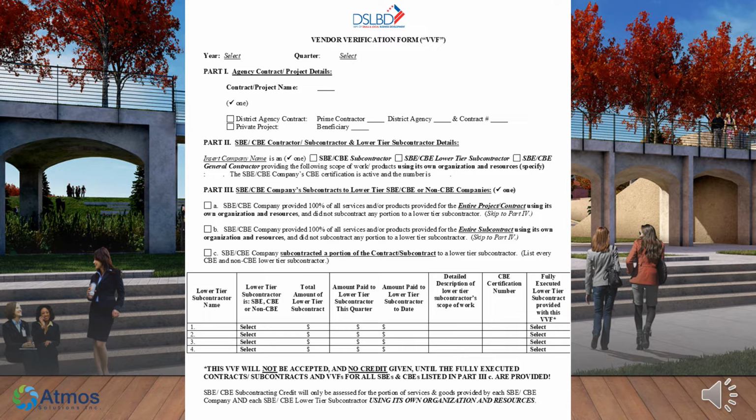Part 2 speaks to the SBE CBE company's information, and Part 3 details how that SBE CBE plans on completing its scope of work, whether that be that the company will provide 100% of all services for the entire project, 100% of all services for the entire subcontract, or will subcontract a portion of the contract or subcontract to a lower tier subcontractor.